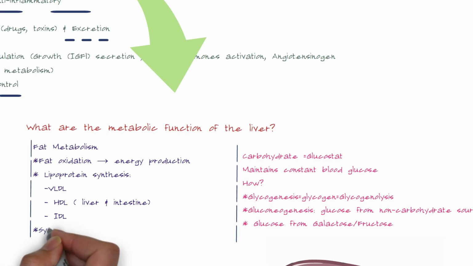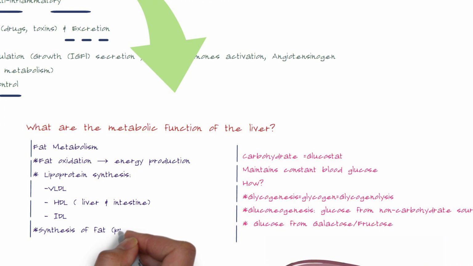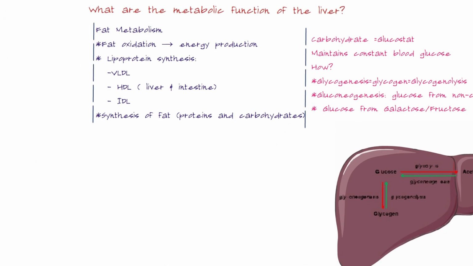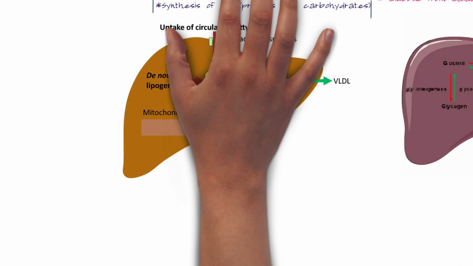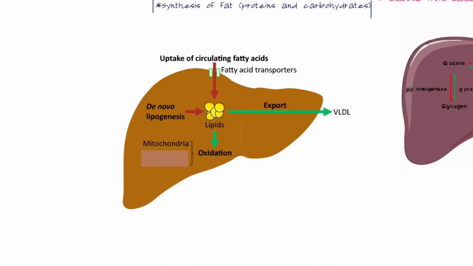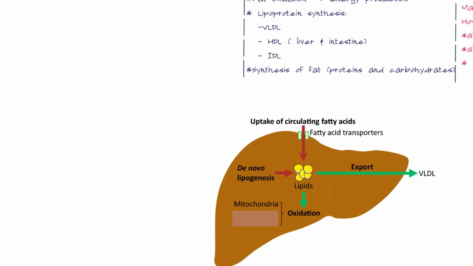We have three main types: the very low density, high density and the intermediate density lipoprotein. Okay, so the fat cannot travel alone in the blood. It also needs lipoprotein. So for the fat, the liver burns the fat, makes the fat, and transports the fat.